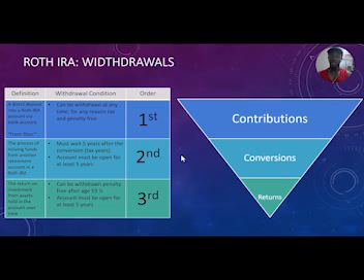Second example: let's say you have $10,000 in the account again. Now you've only put in $2,000 this time, and you have $8,000 in earnings, still 10 grand, and you pull out 5 grand. What happens now? First, $2,000 comes out of your contributions, but all that's left is your $8,000 in earnings. The money you pull out will be an additional $3,000 in addition to the $2,000 of contributions you pulled out.